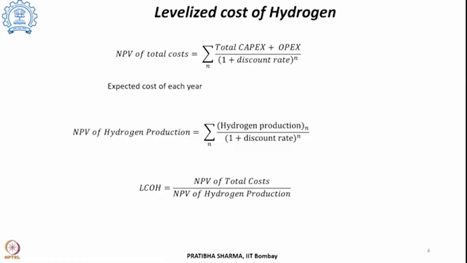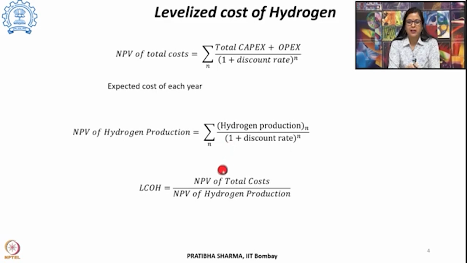We can also find the levelized cost of hydrogen as the net present value of the total costs, which includes both capex and opex. So, it is the net present value of the total cost summed over the number of years for which the plant is operational, from commissioning to decommissioning, divided by 1 plus discount rate to the power n.